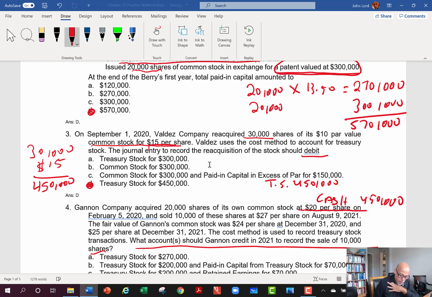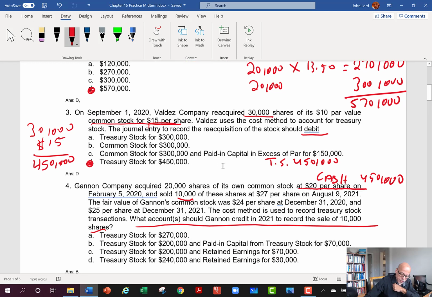So they reacquired it for $20 per share, and they're reacquiring what? These 10,000 shares. So $20 times the 10,000 shares that they're reacquiring. So that's going to be 200,000.